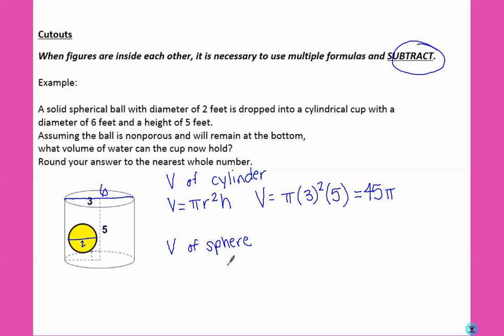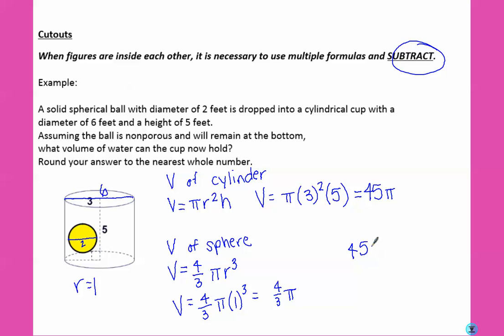For the volume of the sphere, volume equals 4/3 pi r cubed. It told us the diameter is 2, so the radius would be 1. So that would give us just 4/3 pi as our volume. So to find the total volume, or the new volume that's left, we would subtract that. 45 pi minus 4/3 pi.